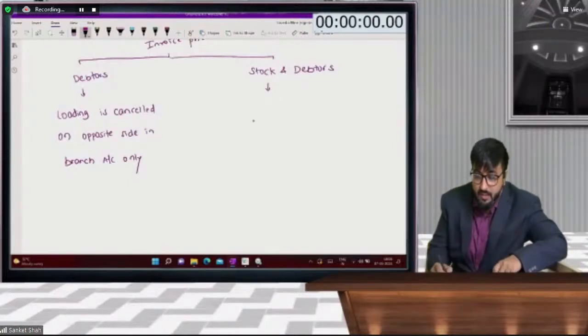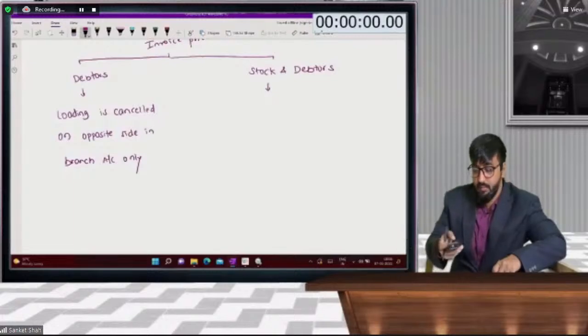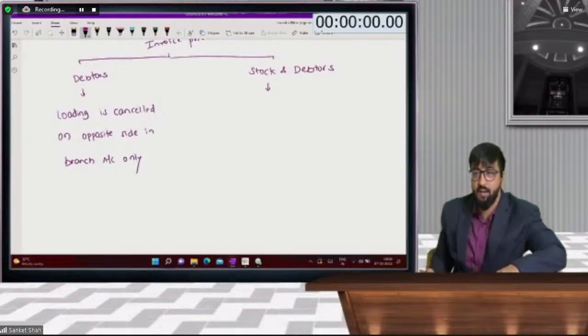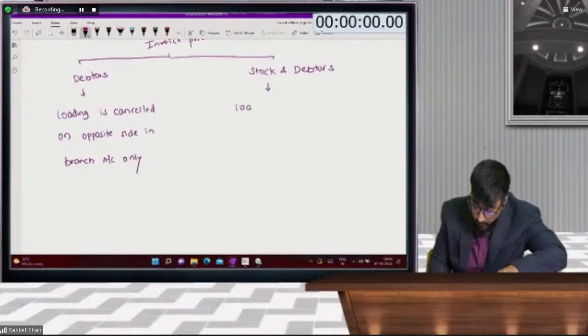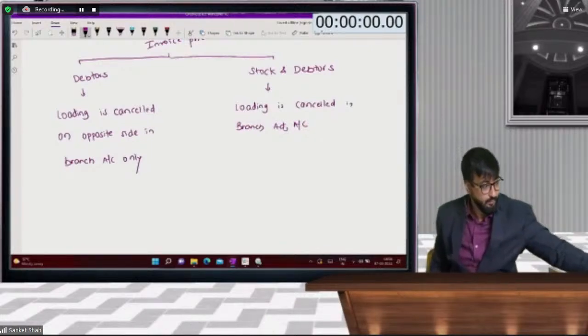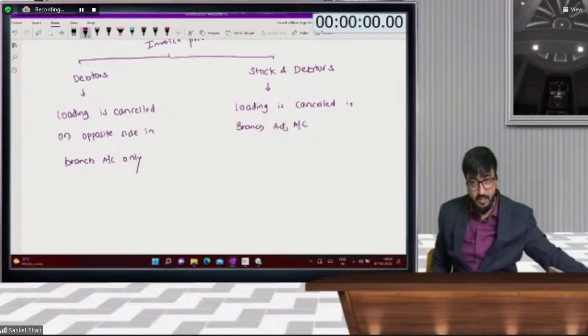And in stock and debtors method, loading is cancelled in branch adjustment account. In which account? Branch adjustment account.